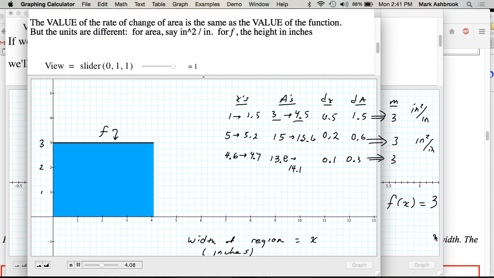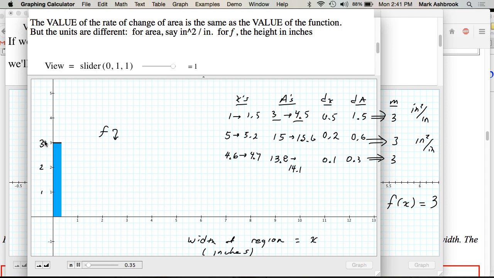Okay? So if we're taking from our area example, what would the units on f of x be? Just inches, right? It would just be whatever your y coordinate unit would be. So notice, the units are different.